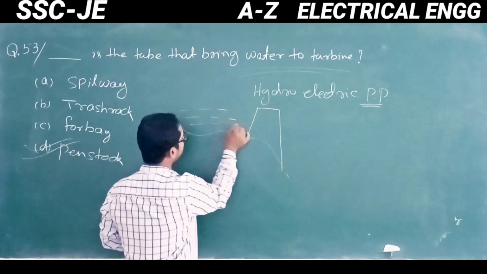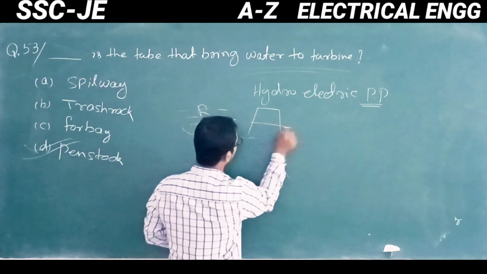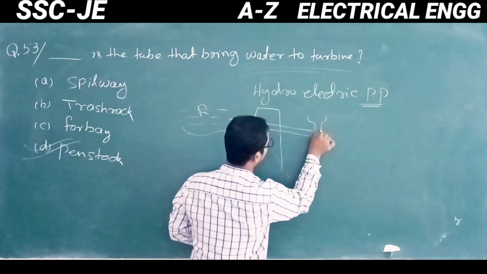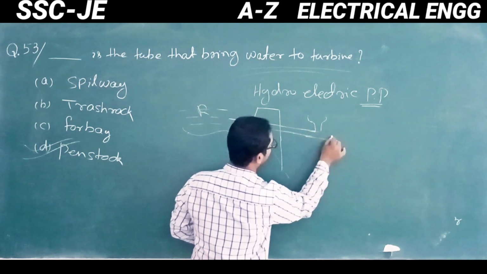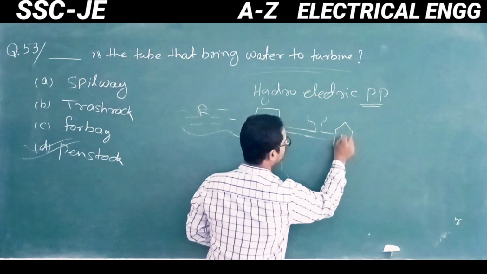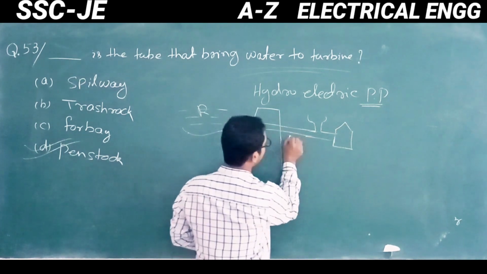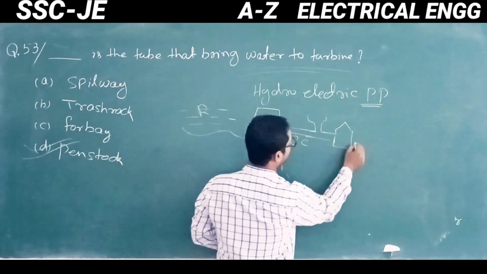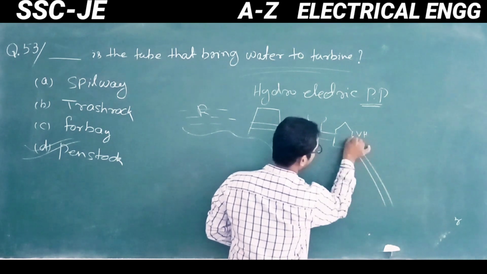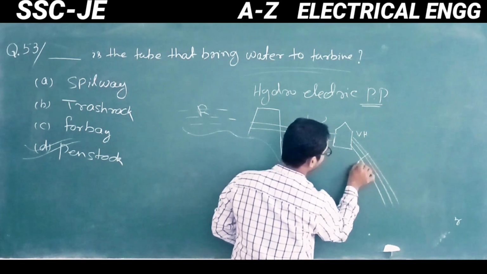This is your reservoir, and this is your pressure channel. This is your valve house, and from the valve house a number of tubes are there.